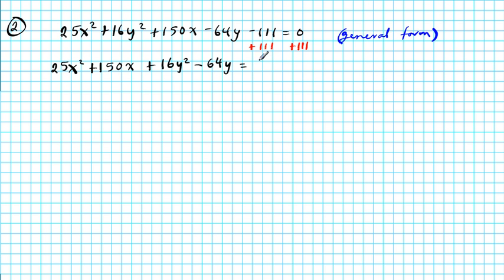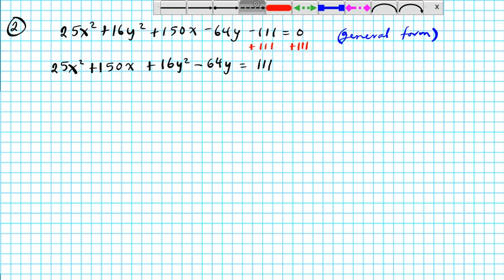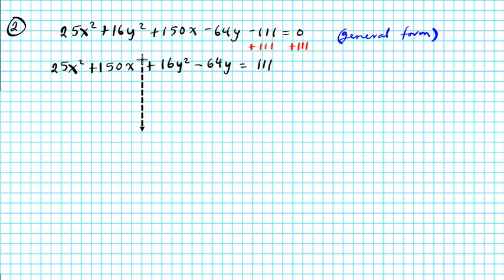So it equals 111. Alright, now let's split them down the center because I want to complete the square in both worlds. So remember, I want to have the squares clean. I don't need any coefficients with them. So I need to factor out this 25 right here and this 16 right here. If I factor out a 25, I'm left with x squared plus 6x.